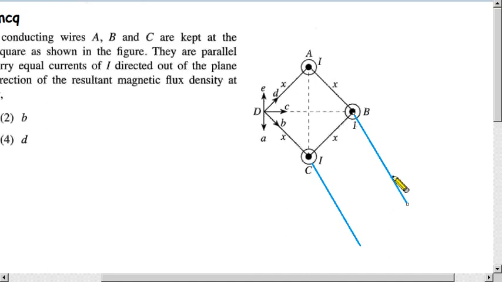There are three wires like this, parallel, coming out at that point like this.